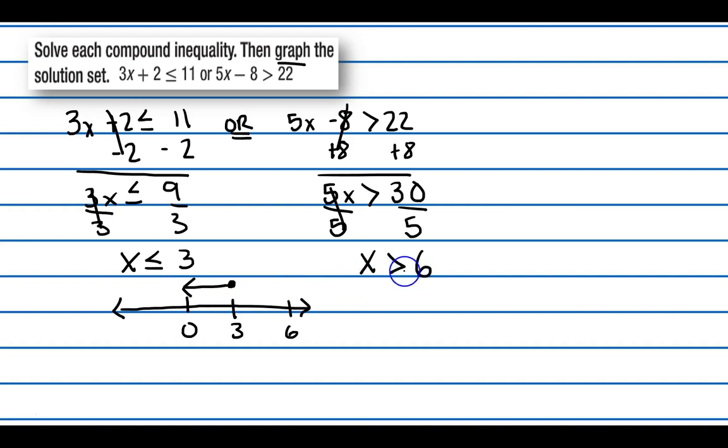Then we have that x is greater than 6, which means I'm going to have an open dot. And notice it's pointing to the right, which we're showing here. And remember, it said or. Because it said or, we know this is the correct graph because they're going in the opposite direction, and they're not going to run into each other. And that's it.